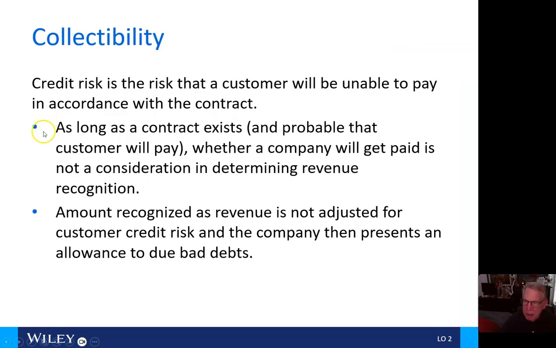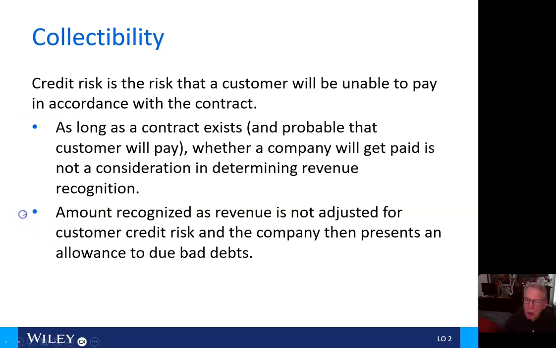All right, collectability. Credit risk is the risk that a customer will be unable to pay in accordance with the contract. So here, as long as the contract exists and it is probable that the customer will pay, whether the company will get paid is not a consideration in determining revenue recognition.